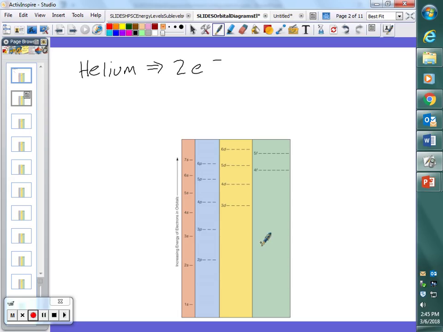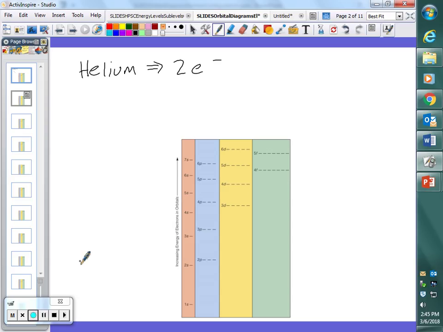The Aufbau principle says that orbitals get filled from lowest energy to highest energy. Using this chart, like we said, the lowest energy orbital we run into is which orbital? 1s.